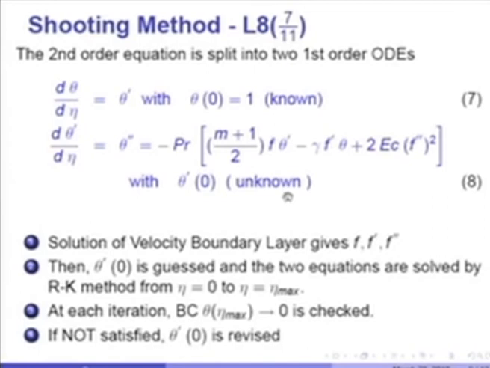So, like we did in the velocity boundary layer equations, first of all we obtain, for a given m and bf, f, f dash, f double prime. We then guess theta prime 0 and solve these two equations by the Runge-Kutta method from eta equal to 0 to eta equal to eta max. At each iteration, we check the boundary condition at the outer edge, whether theta at eta max has tended to 0 or not. If not, we revise theta dash 0 and continue the solution again.